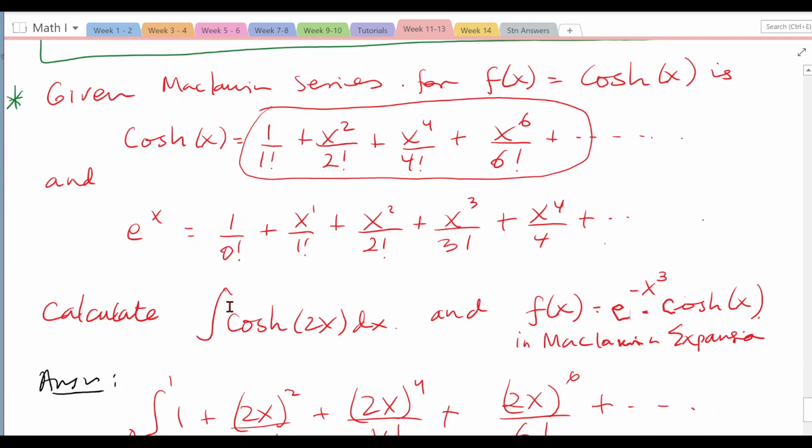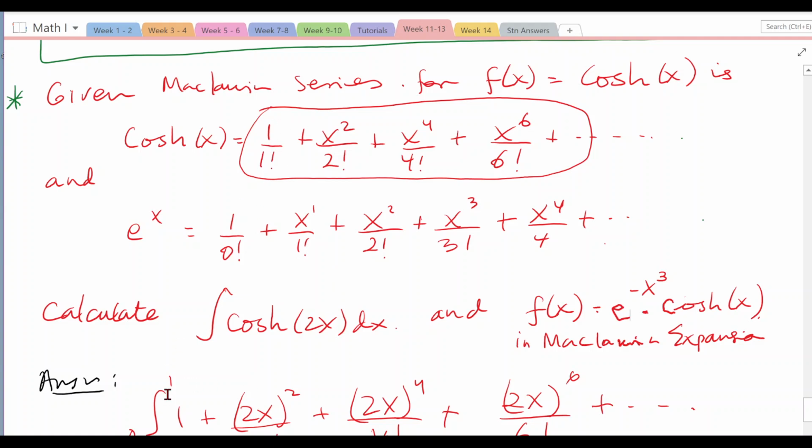We are asked to find the integral of cosh of 2x, and the information or the question gives us only cosh x. Therefore we must substitute, replace all the x in the question here with 2x, and then we can work out the integral. So let's just do that.